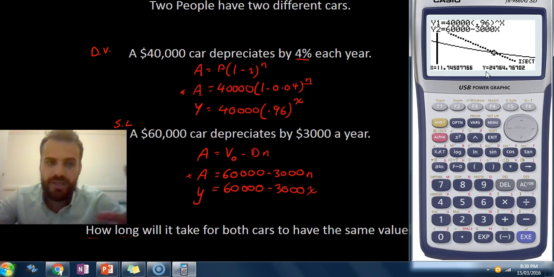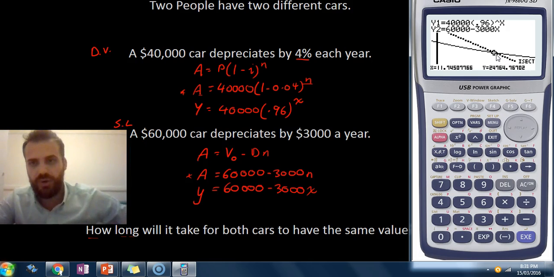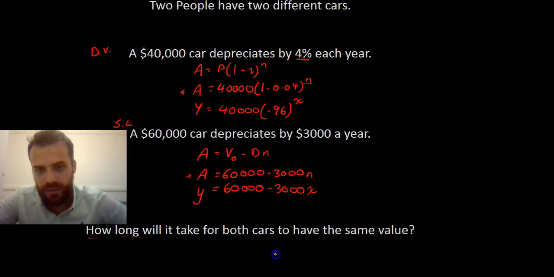So after 11.745 years, the value of both cars will be $24,764.76. So that's what this whole thing means. That's where they're meeting. Okay, I'm just going to write my answer here. 11.745 years.